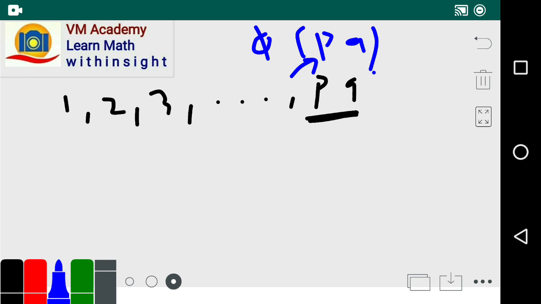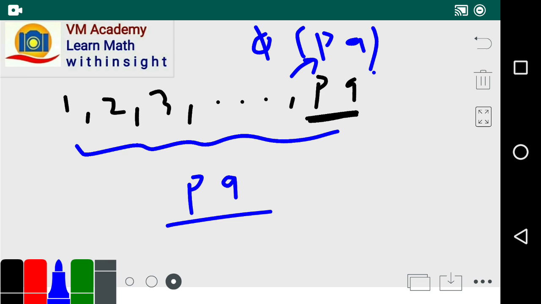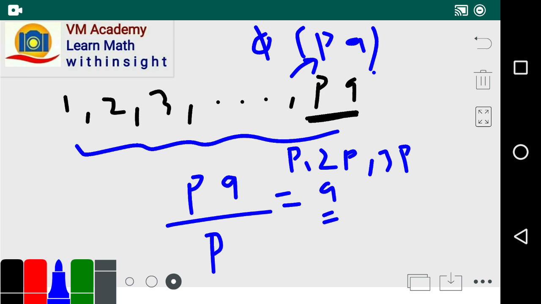So how many numbers are there which are multiple of P? That is nothing but PQ divided by P, and that is Q numbers, and those Q numbers are nothing but P, 2P, 3P, so on up to PQ.